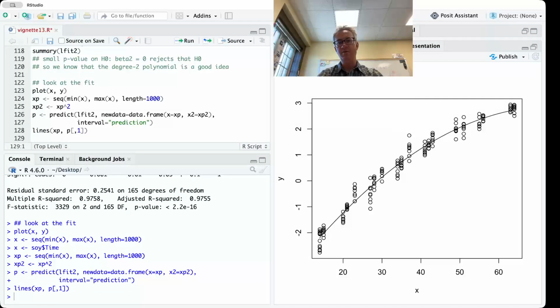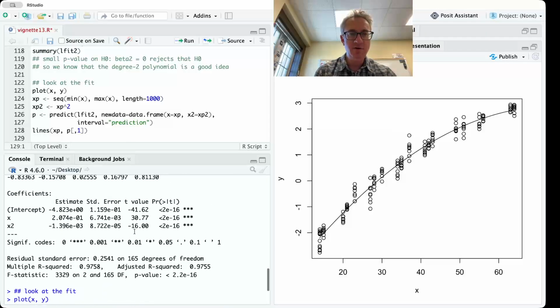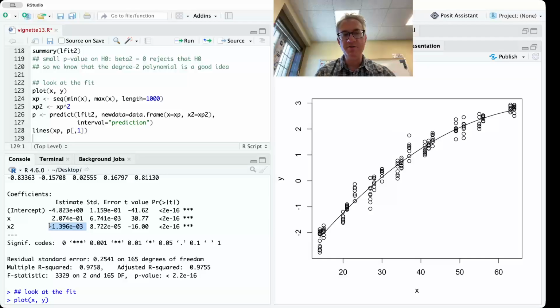And look how that has curvature. It has curvature because the coefficient in front of the squared predictor is negative, so that's concave down. And then I can add on the other lines that provide the prediction interval.